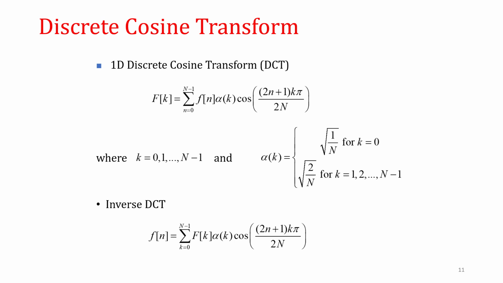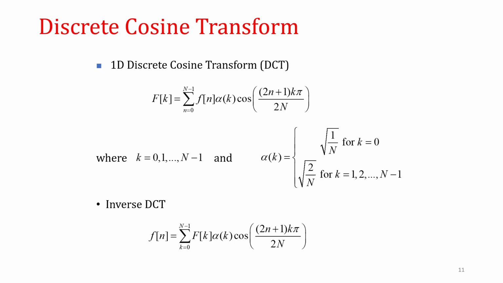This slide shows the discrete cosine transform for a one-dimensional transform. F of k equals summation n varies from 0 to N minus 1 of f of n alpha of k cos of (2n plus 1) k pi by 2N. Here the kernel represents the cos term.